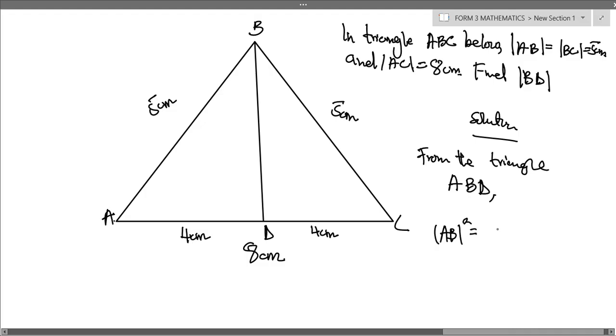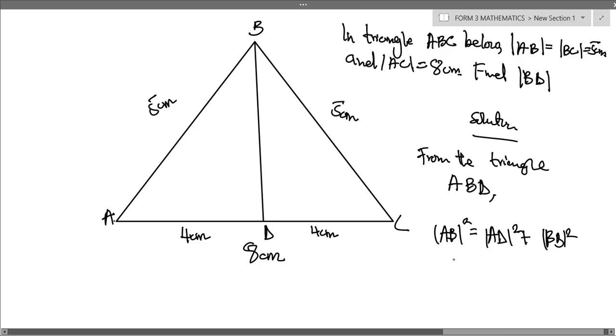Is equal to AD squared plus BD squared. The hypotenuse squared, using the Pythagorean theorem, hypotenuse squared is equal to the sum of the adjacent squared and the what? And the opposite squared.